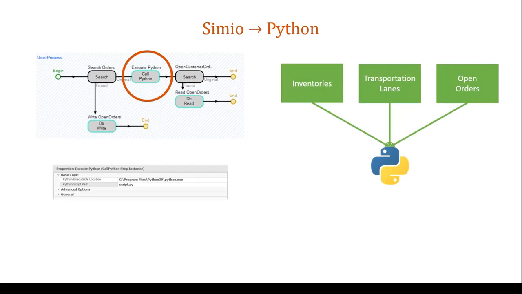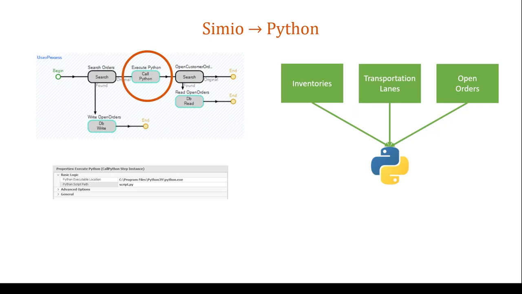For this example, Python must retrieve data regarding three different aspects of the model. First, current inventory position data is pulled from the inventories table. Second, transportation distance data is pulled from a transportation lanes table that details the connections between nodes in the supply chain.